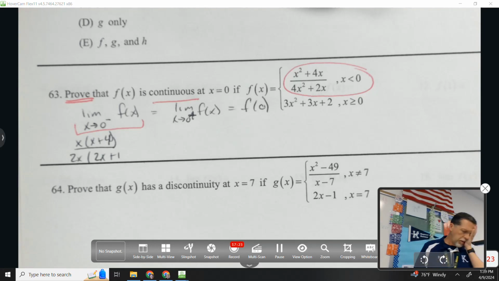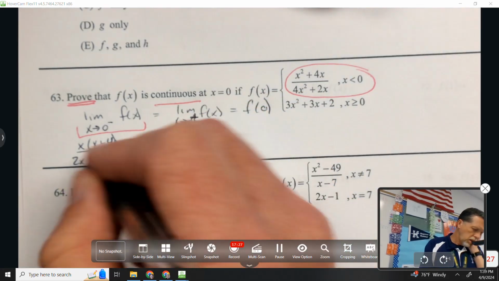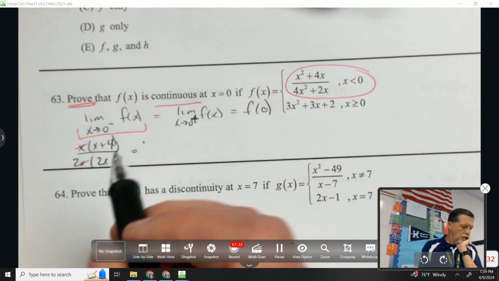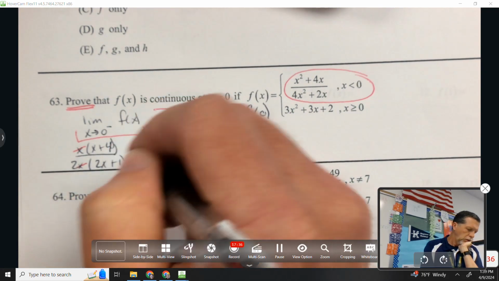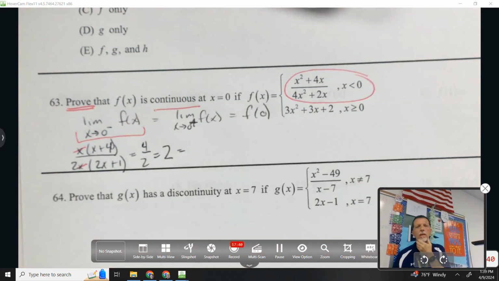So now if we plug in 0, we get 4. Because the x is, nope, we don't. I'm trying to do too much here. We get 4 in the top and we get 2 in the bottom. So we get 2. So the limit from the left is 2.